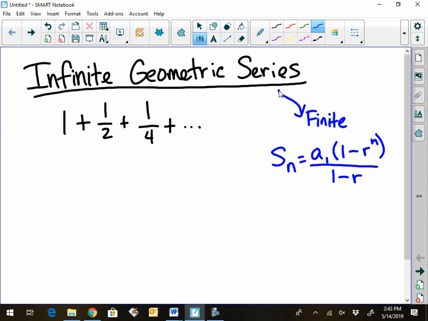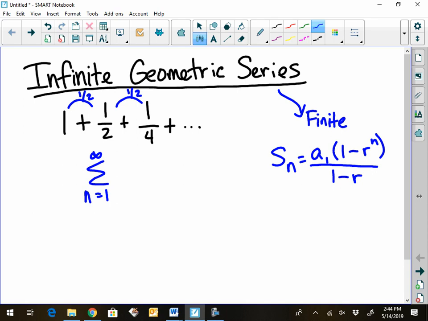So for this series, we could write it a couple different ways. We could say that we're looking for the sum as n starts at 1 and goes to infinity. And we can write this the way that we've written it before. So what's our common ratio? Well, we multiply here by 1/2, multiply here by 1/2, right? So 1/2 times 1/2 gives us 1/4.